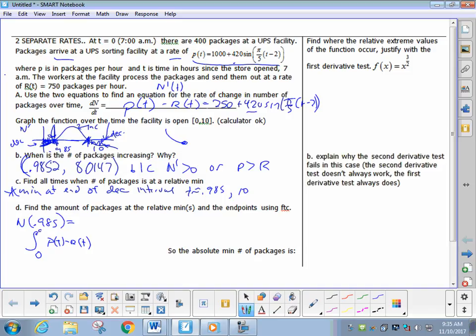And I want to talk about what's happened up to 0.985. And that would be the difference in the number of packages, or the change in the number of packages. So if I want the number at 0.985, I would need to take the starting amount plus the change in the amount, right?